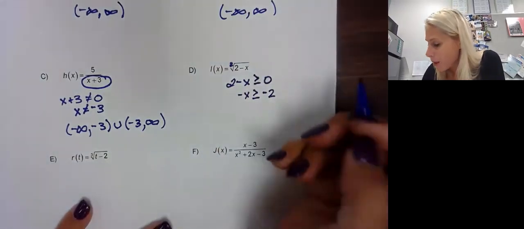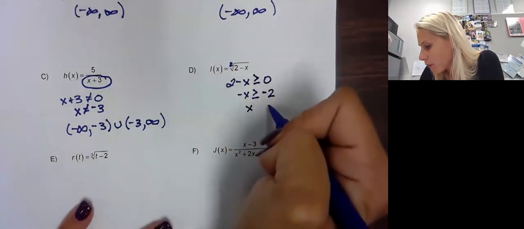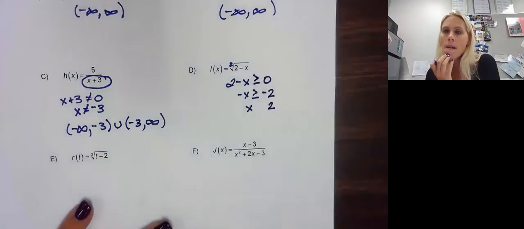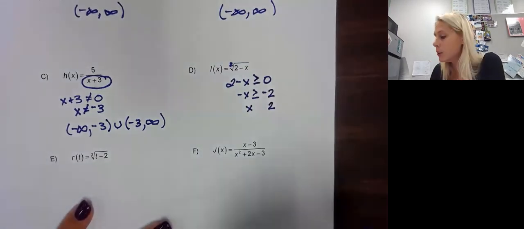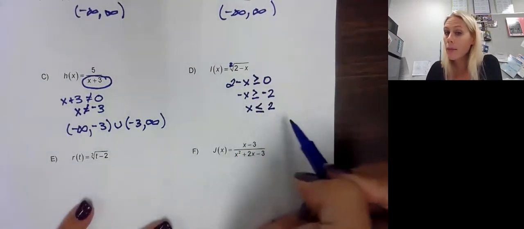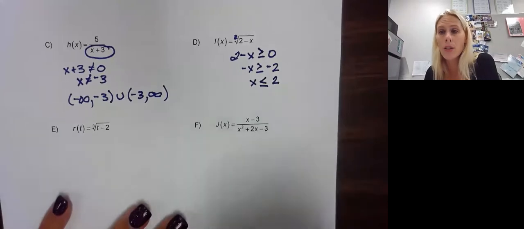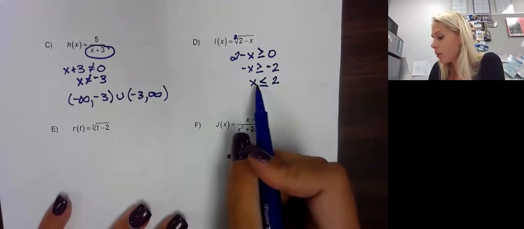Then we're going to divide by negative. Uh-oh, we're dividing by a negative. Who remembers what to do? Dividing by a negative means you automatically switch the sign. So you've got to be careful. Okay, if we were to write this in interval notation, think about what this says.